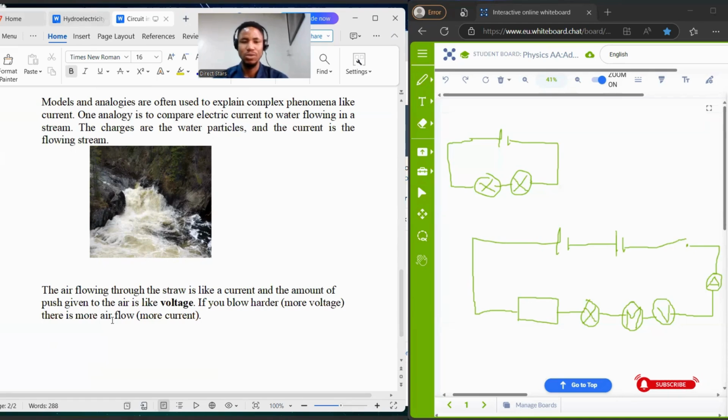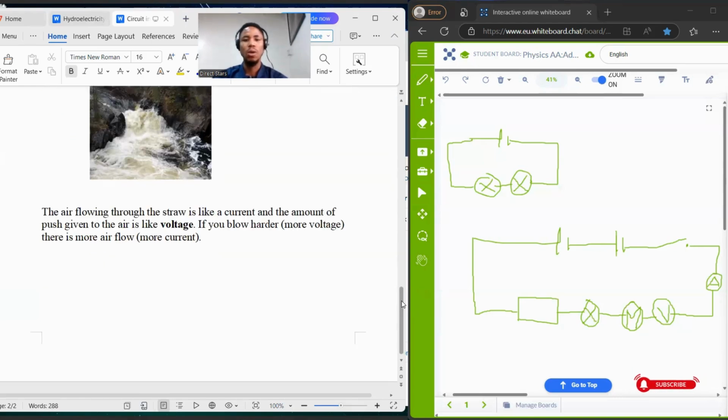Do you understand now? So the circuit is the path in which electric current flows. Voltage is the push or the power that allows this current to flow, while resistance is another force that is trying to limit the flow of this current. So that is voltage, current, and resistance.